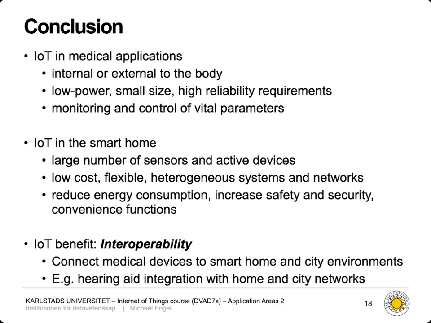So we've seen a number of applications already. Of course there are many more smart home applications, but we assume that many of you who are interested in IoT have bought one or the other device already, and it would be interesting to hear about your experiences: how well these devices work, how compatible they are with each other, how good they interact, how reliable they are.